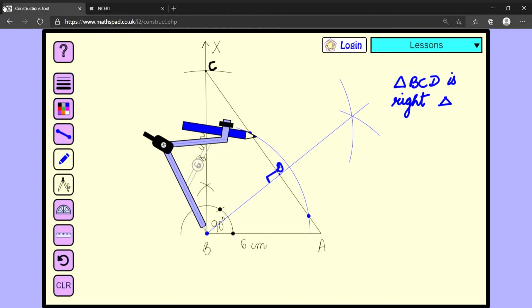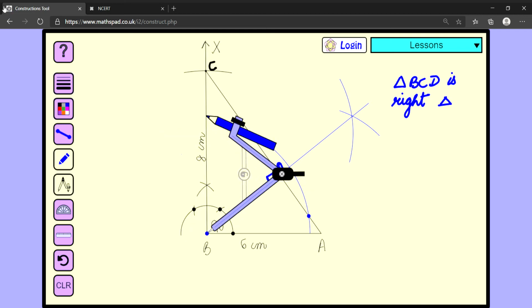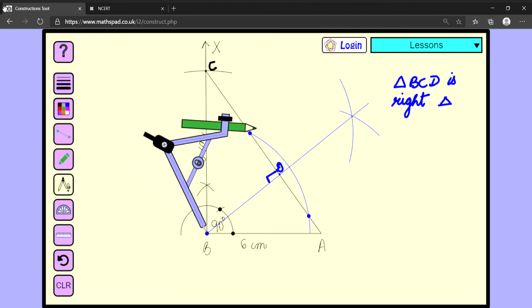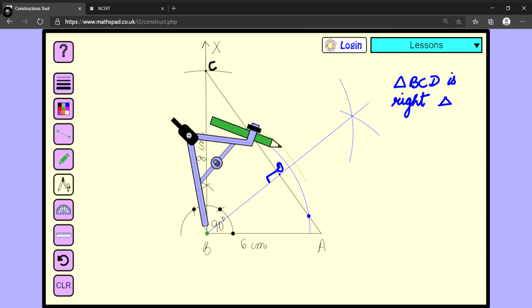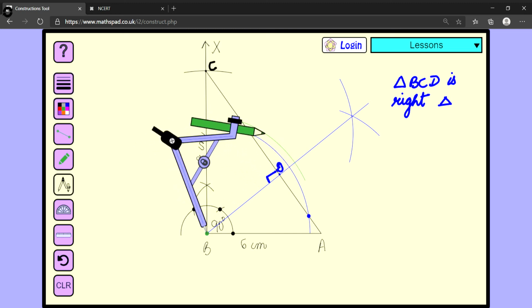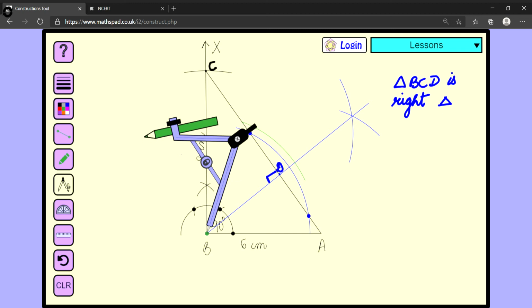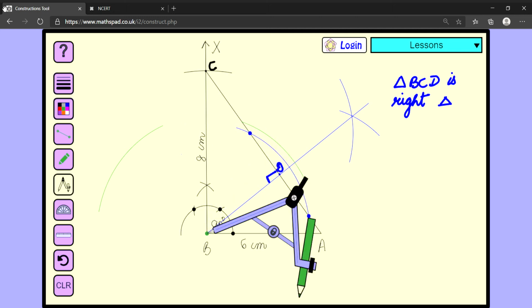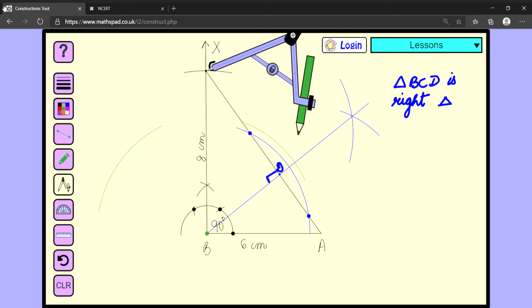For that, I would like to open my compass more than half, and then draw arcs on either sides from both the endpoints. So from B, arcs on both sides, and now I'm going to draw arcs from C on both sides.